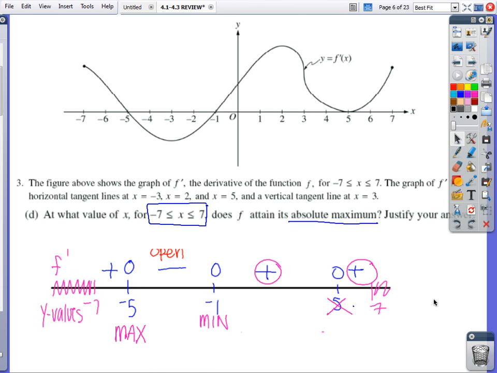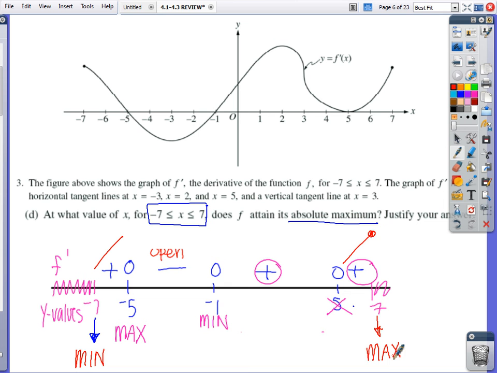All right, so the difference now is we actually have to use the endpoint. So I'm going to look at this endpoint here. Let's look at the graph. The graph increases, so this had to have been a minimum because the graph went up after that left endpoint. If we look at the right endpoint at 7, the graph went up, so it actually stopped at a maximum here. So we need to look at, when do we attain our absolute maximum?